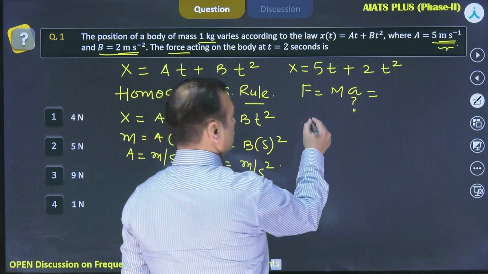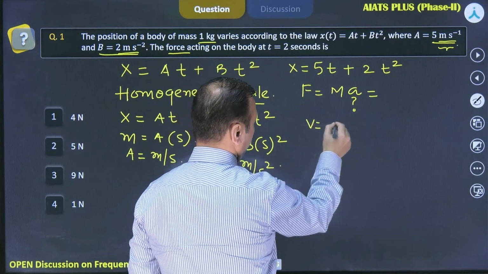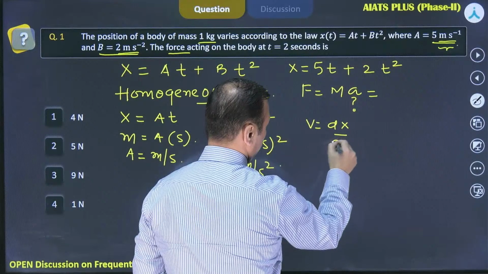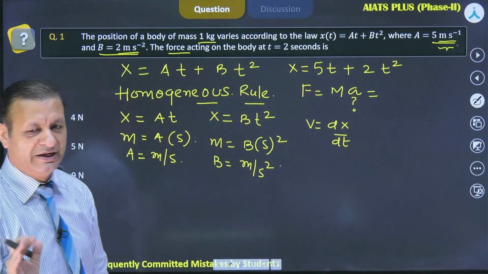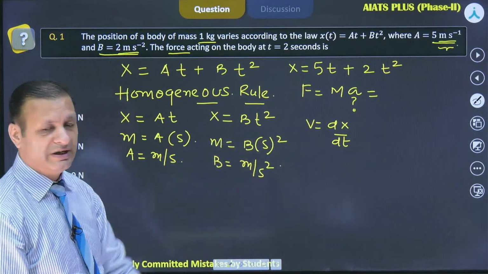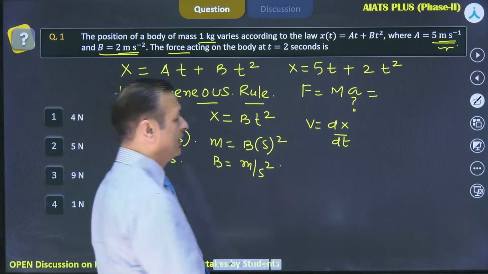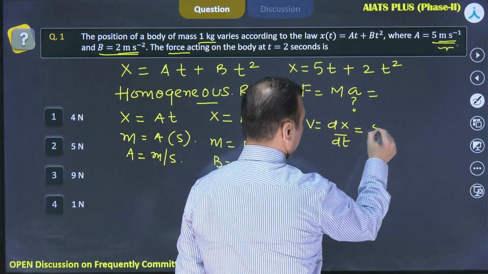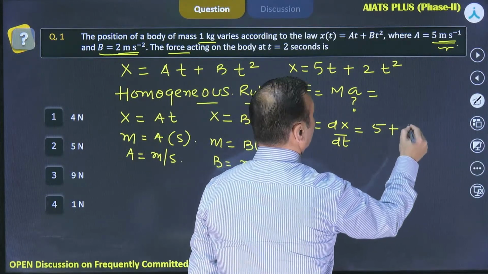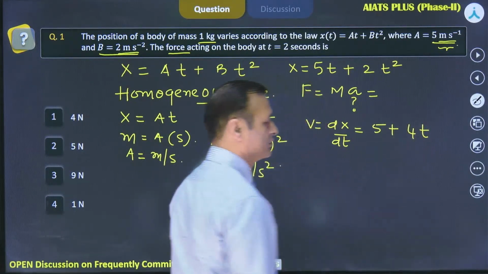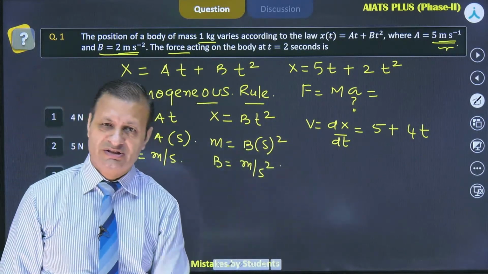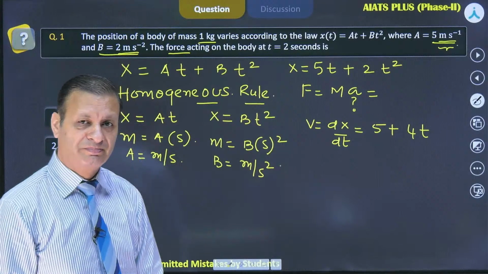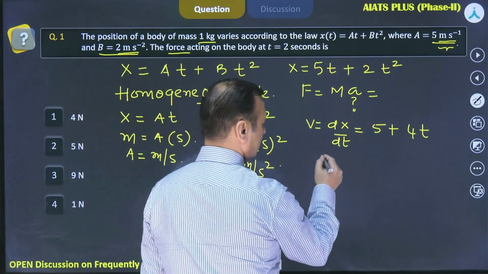Okay. We know if you differentiate this position with respect to time, you will end up with instantaneous velocity, and this expression will get reduced to this one. So this is how velocity varies with time. But we have to reach the acceleration part.